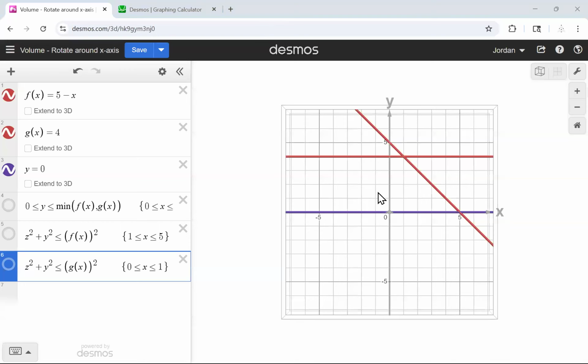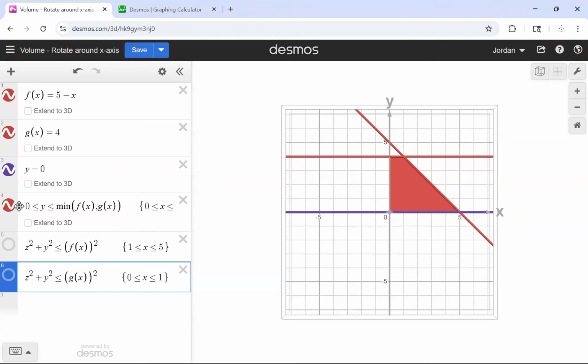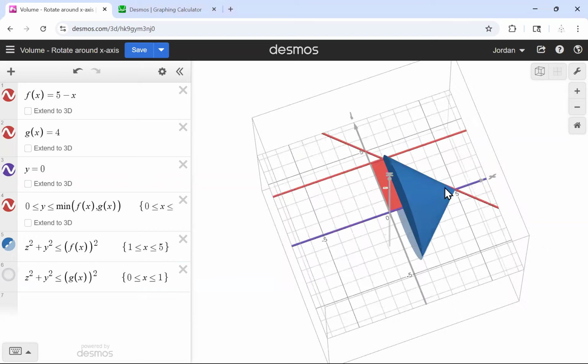Just so that we have this one graphed in 3 dimensions, again, this is the region we're looking at, okay? And we rotate that around the x-axis, which is the line y equals 0. If you do that, the first part, from 1 to 5, gives you kind of this figure.